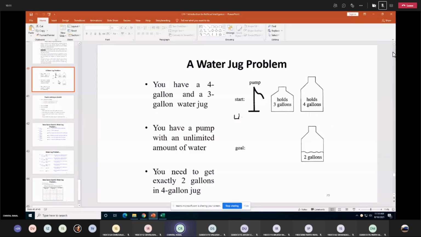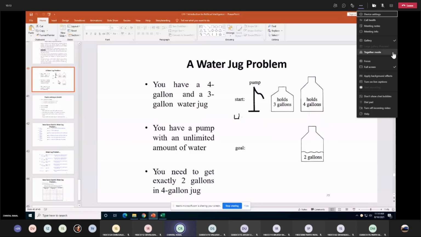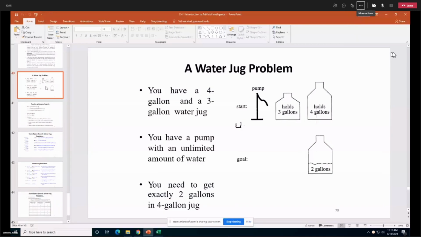I'm reading out the problem statement for you. What is the problem that we need to solve, and we have to use state space representation for solving it. The problem statement is that you have two jugs, one 4-gallon and the other 3-gallon. You can see these two jugs on your screen.